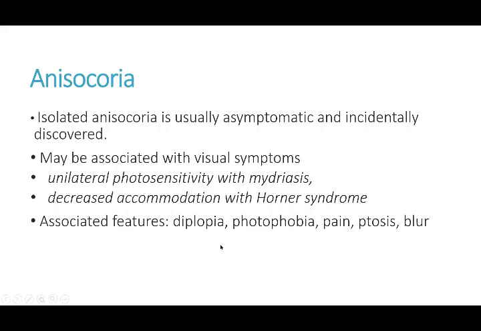Associated features could be, because the pupils are uneven, diplopia and photophobia. If the pupil is too large, too much light is entering the eye and it causes photophobia, and hence pain, ptosis, or a blur.